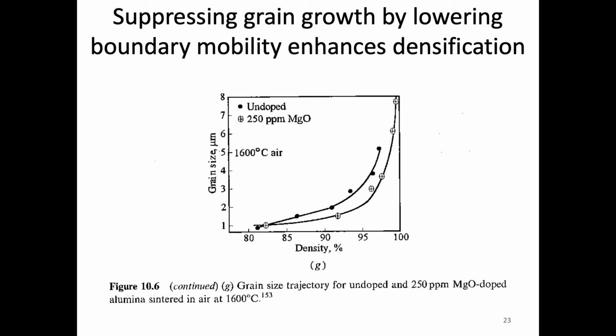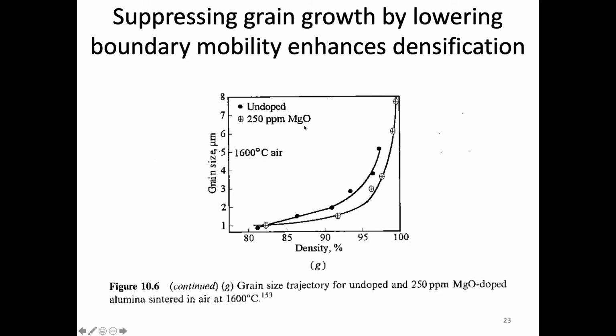All right. And again, this is the one that we've talked about multiple times now, but a lot of what we try to do to aid densification is to suppress grain growth, right? We want to, and the way we can do that is we can lower the grain boundary mobility. And so I showed this last time, but this is alumina again, undoped, and then we add magnesium oxide.